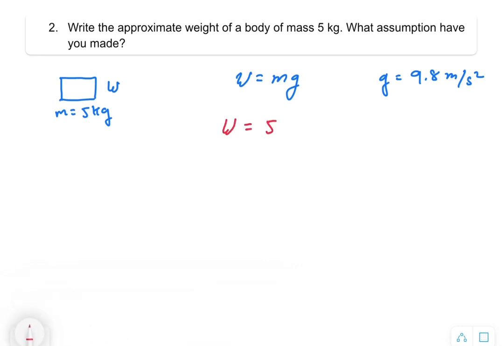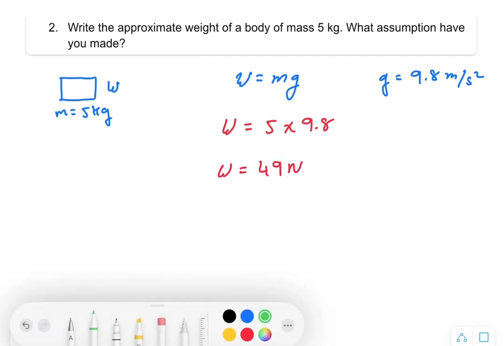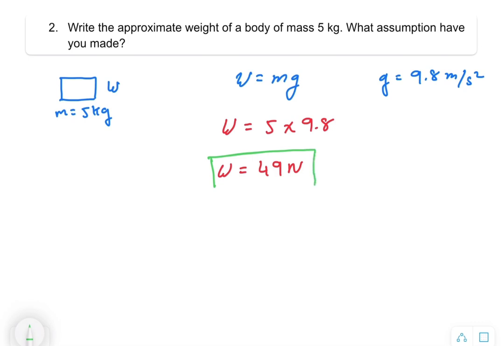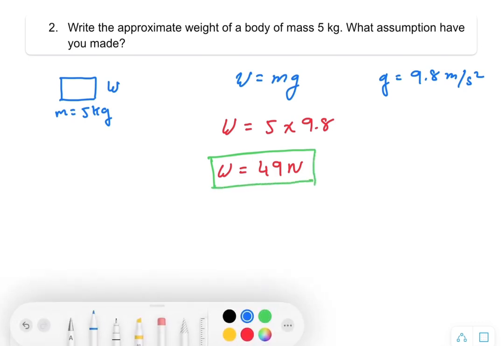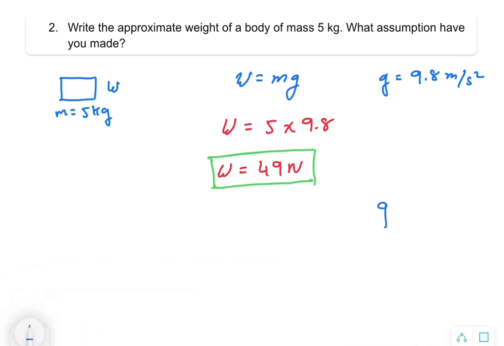W is equal to 5 multiplied by 9.8. So that would be 49 newtons. Sometimes the value of g is taken as 10 meters per second square.